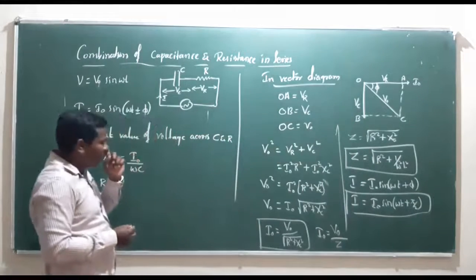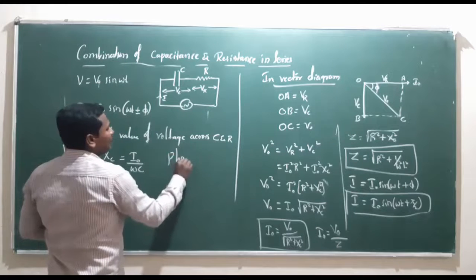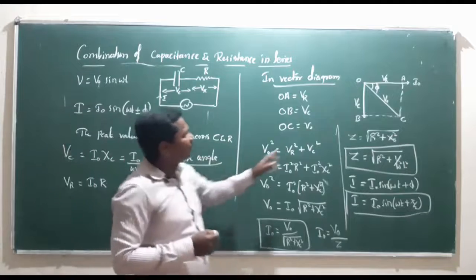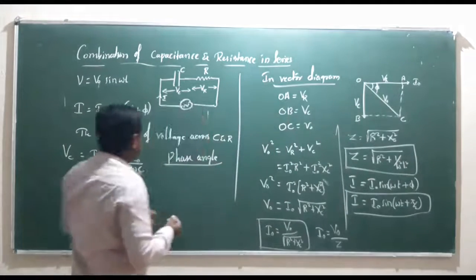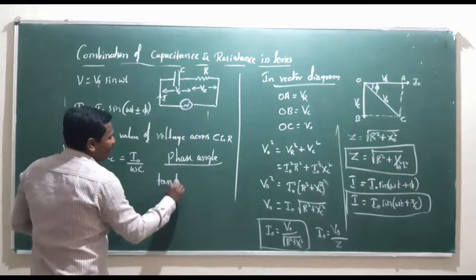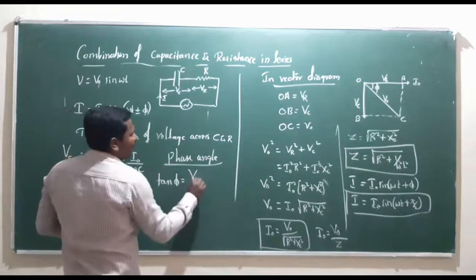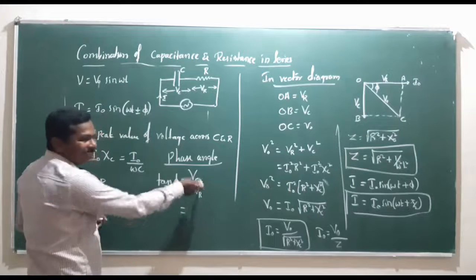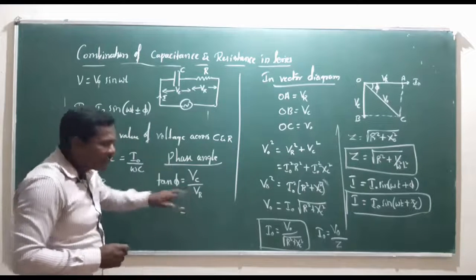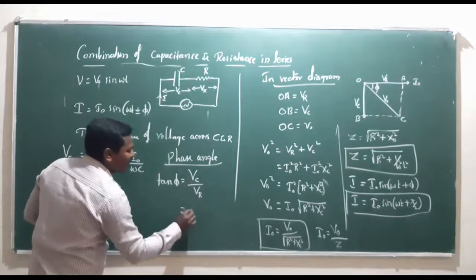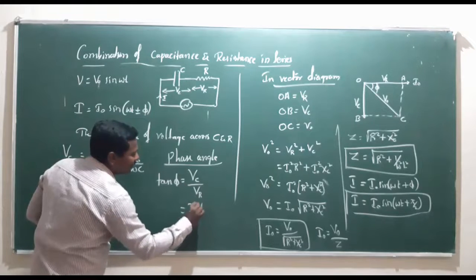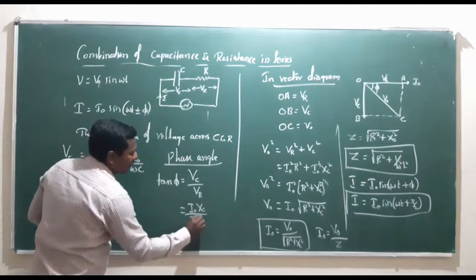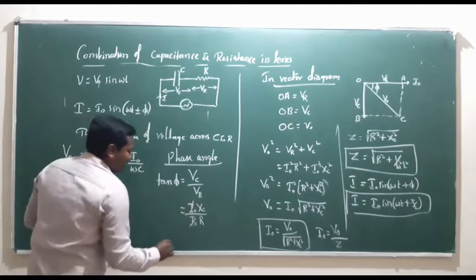And if we go for the phase angle, that is pi, tan of pi is equal to VC divided by VR. Here the voltage across the capacitor is I naught chi of C, divided by the voltage across the resistor, I naught into R. I naught gets cancelled.